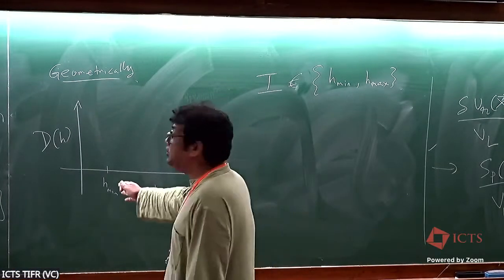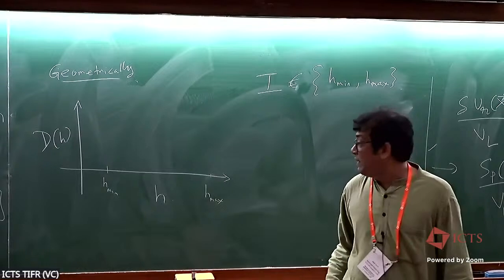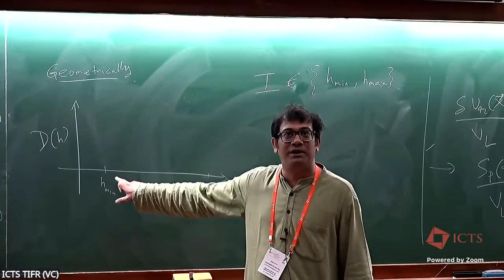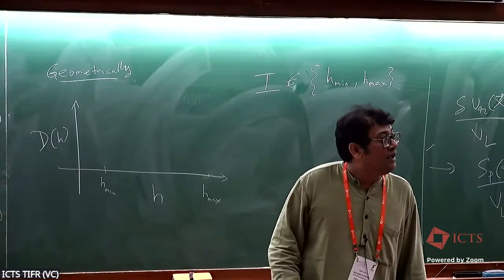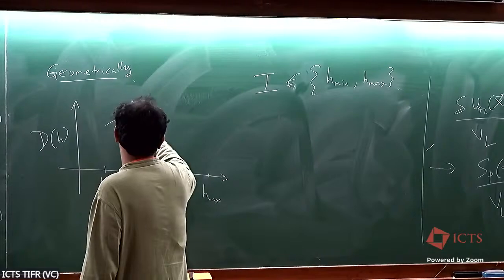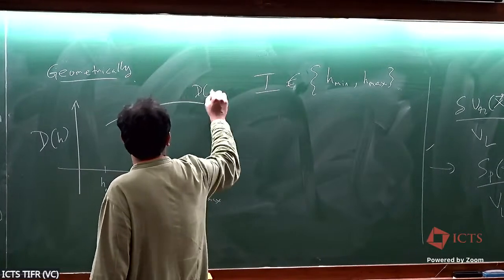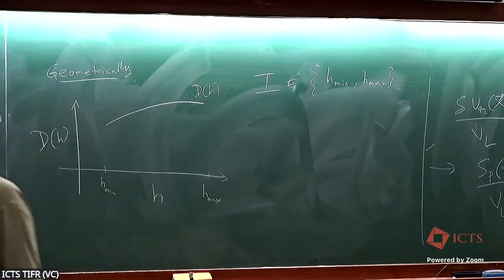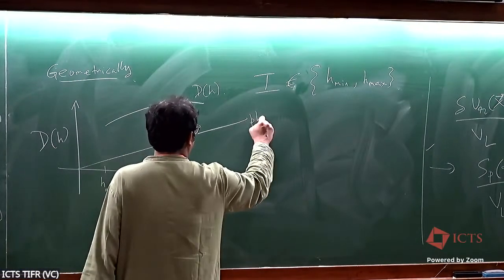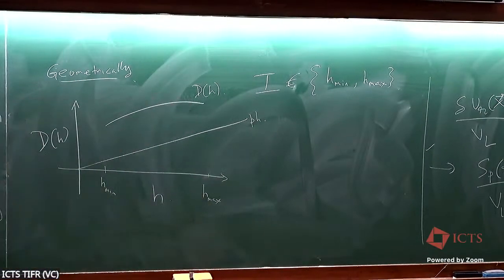So let's assume there is an h min and an h max, and I'm not telling you where the origin of this graph is, so I'm being deliberately vague. Then we might have, shape really doesn't matter, some d of h in the following fashion. So on the same graph, I can also start to draw some pH. Maybe I should have used a different color.